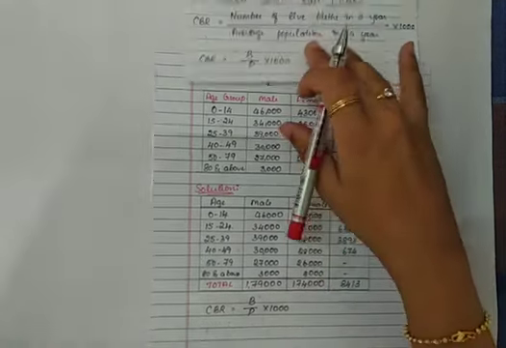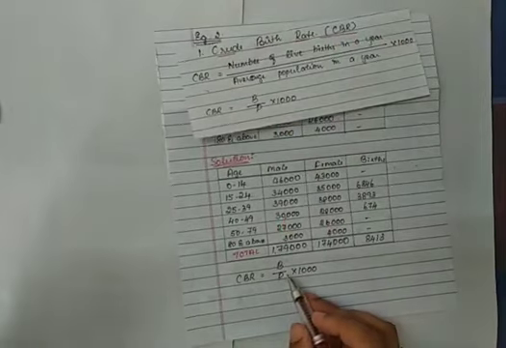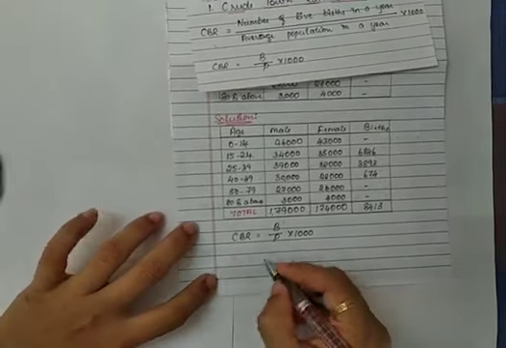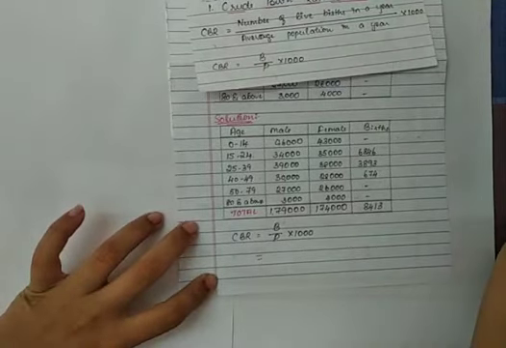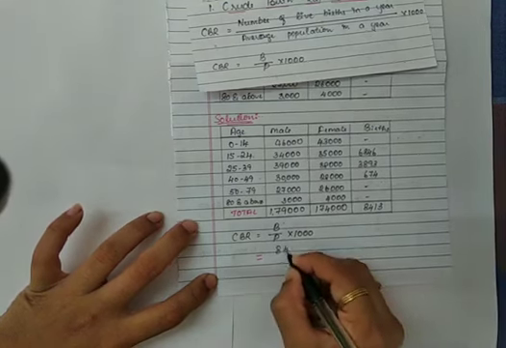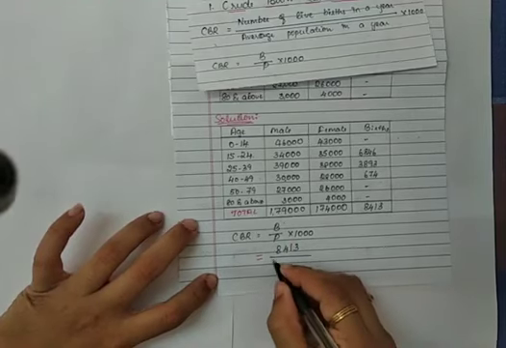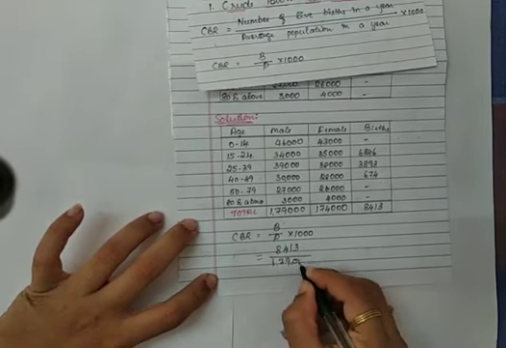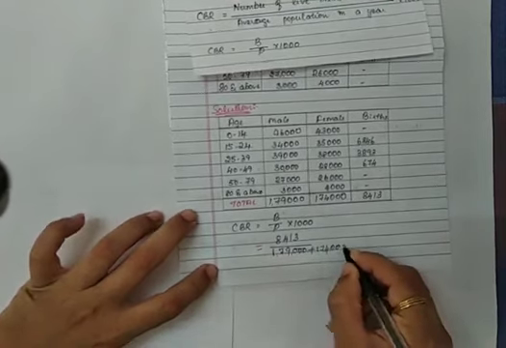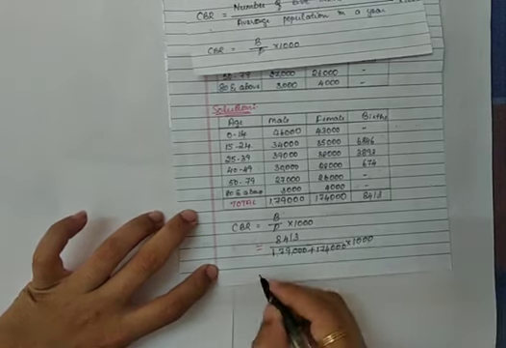Yeah. So now CBR is equal to B by P into 1000, isn't it? So B is 8,413 divided by P, which is 1,79,000 plus 174,000, multiplied by 1000.